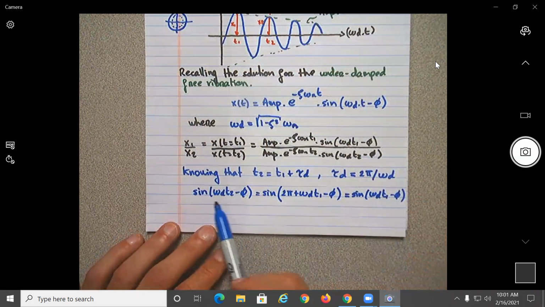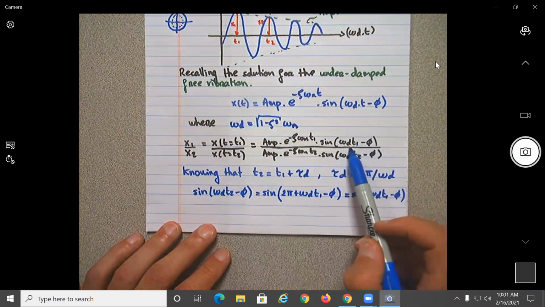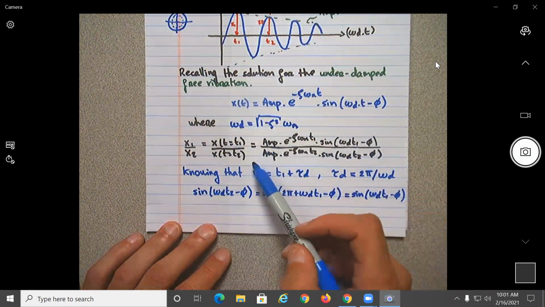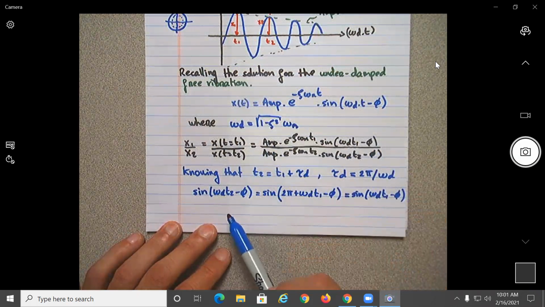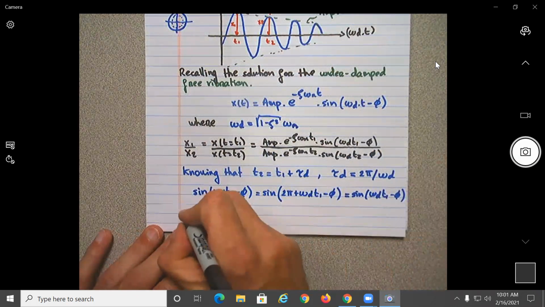Now if I substitute this expression into this one over here, you see that the sine(omega_d t1 minus phi) is going to cancel out, and the amplitudes are also going to cancel out. Maybe I have space to put it over here.